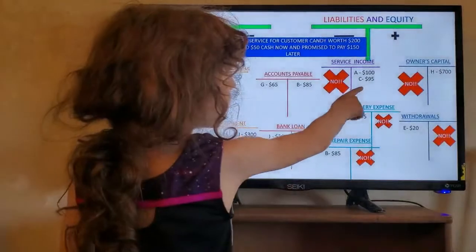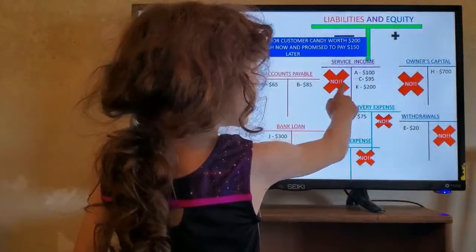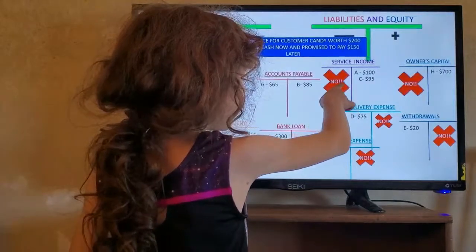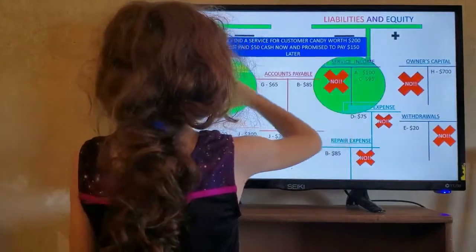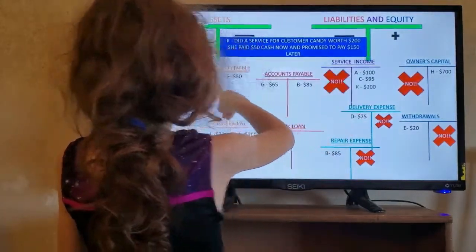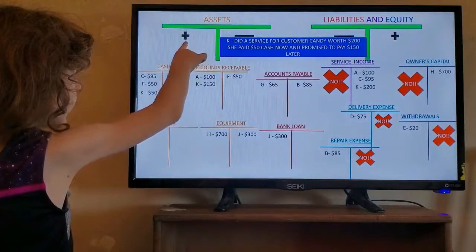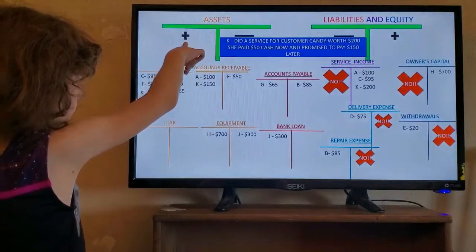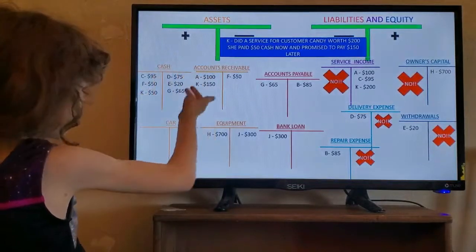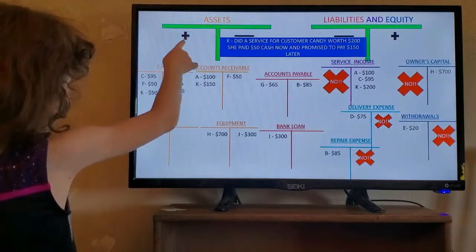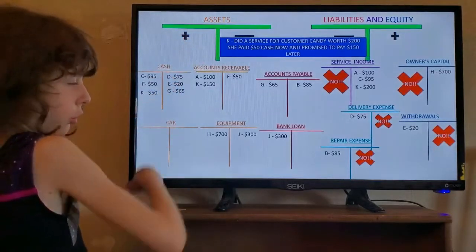So the service income has a no X on the debit, so it has to be credit. Accounts receivable is plus because it's an asset, and plus is debit, so it's debit. And cash is also plus, and it's also an asset, so it has to be debit also.